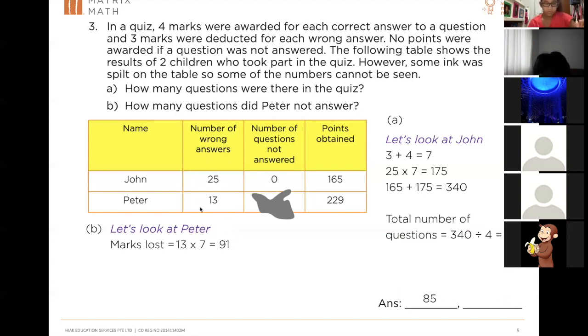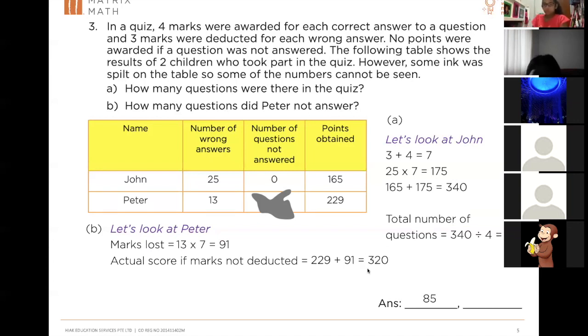And if these 13 questions Peter had answered correctly, he wouldn't have lost 91 marks, right? His total score would have been 229 plus 91, 320.